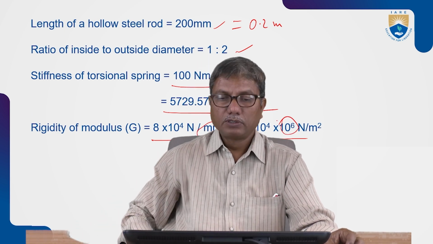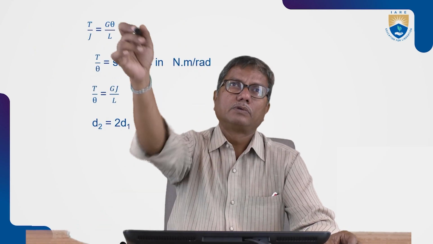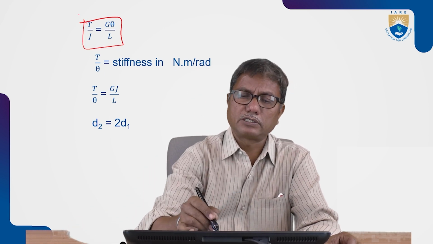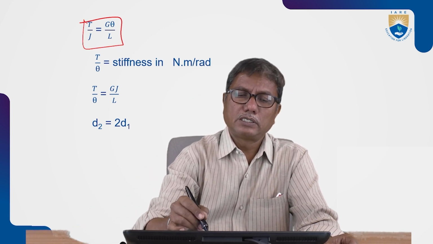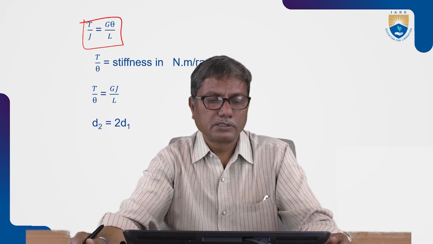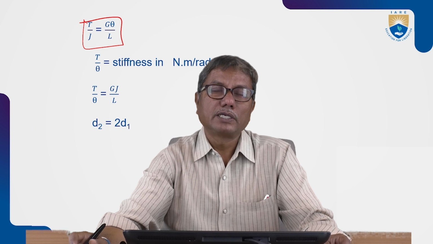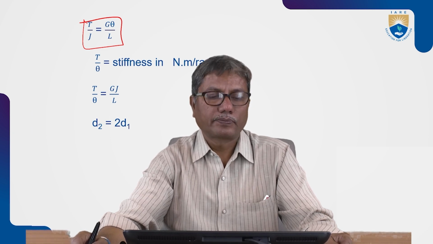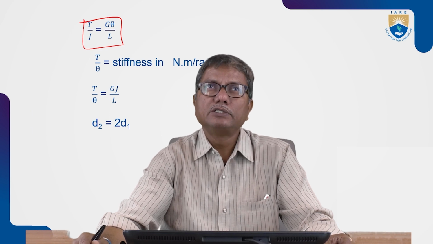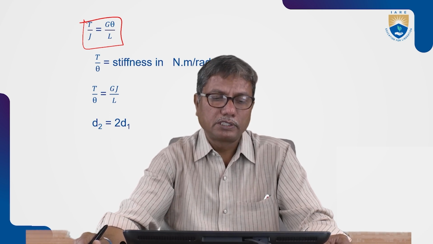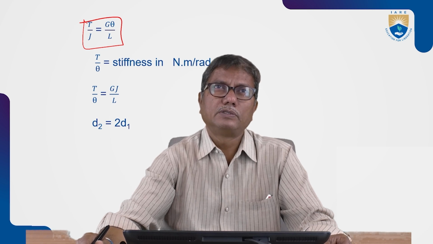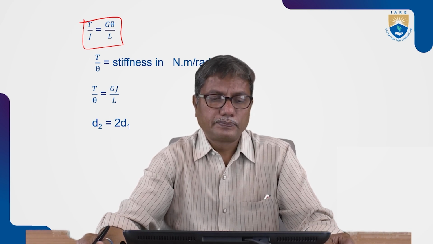Now, by using the torsion equation, we know this relation: T by J is G theta by L. That is the torsion equation, where T is torque, J is polar moment of inertia, G is modulus of rigidity, theta is angle of twist, and L is the length of the rod.